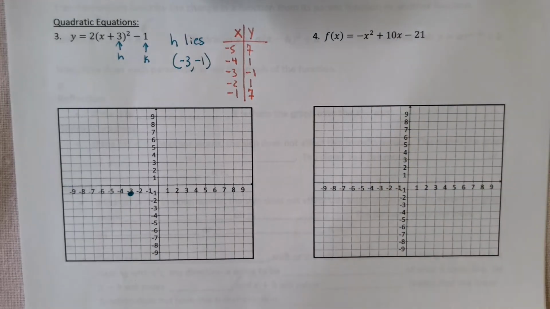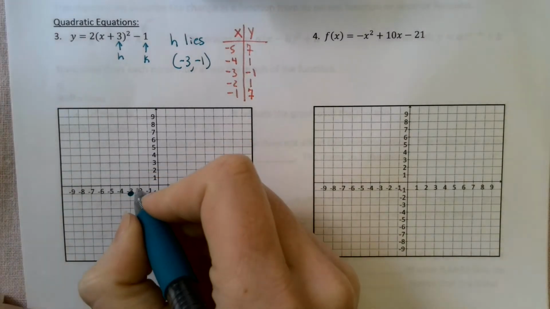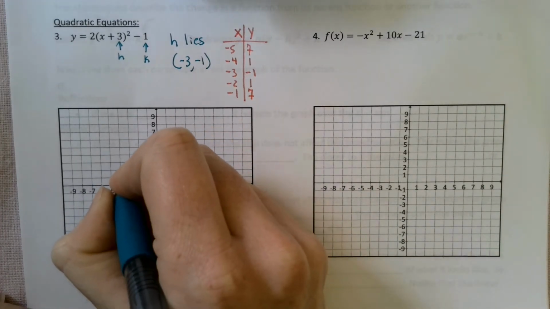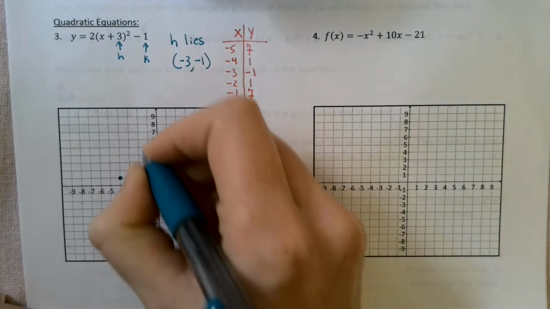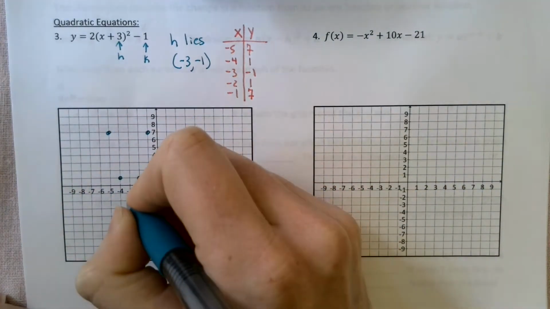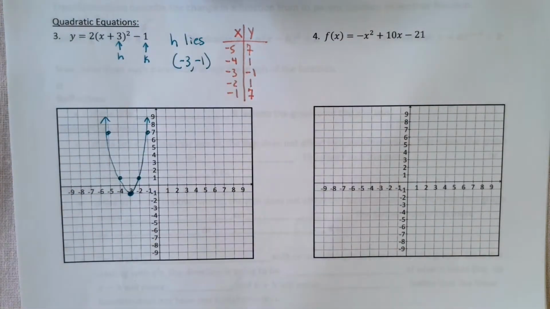Okay, alrighty. So now we can graph those points. -2, 1, -4, 1, -1, 7, -5, 7. And we're done with that one, okay?